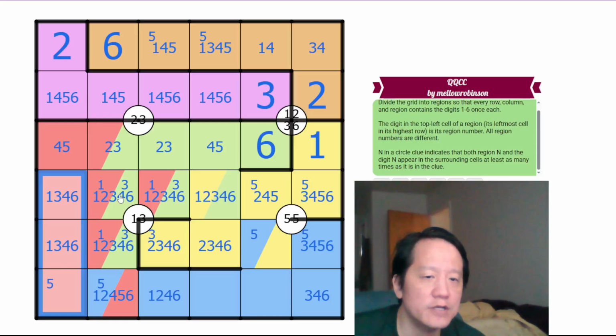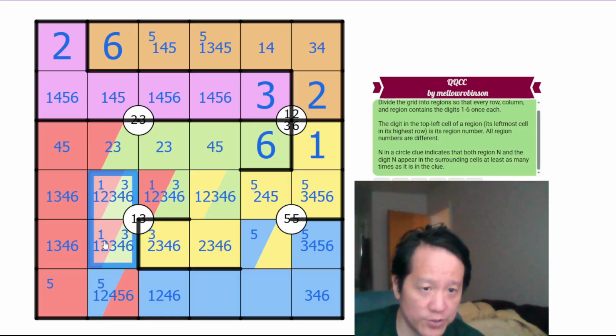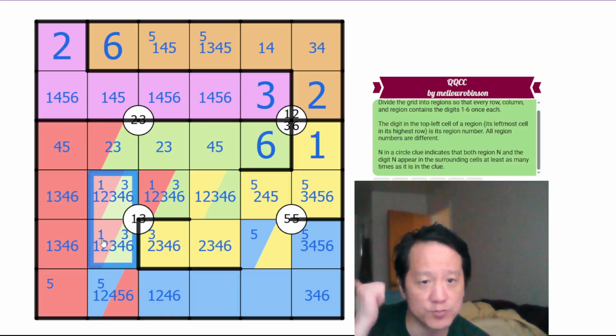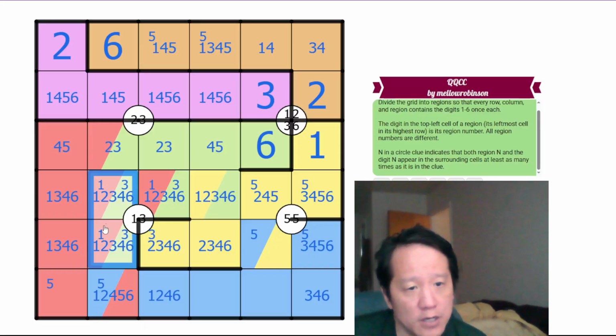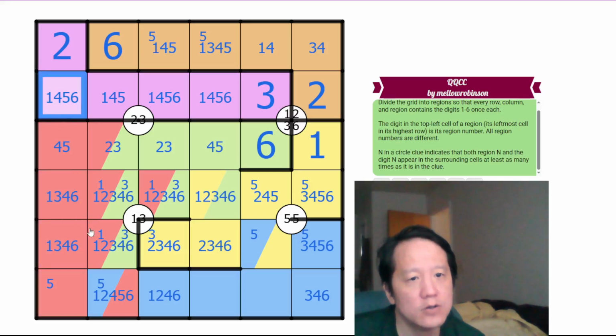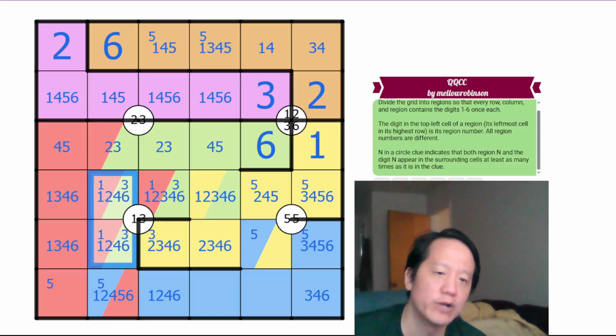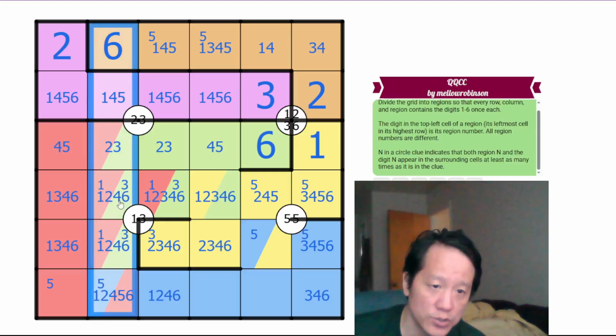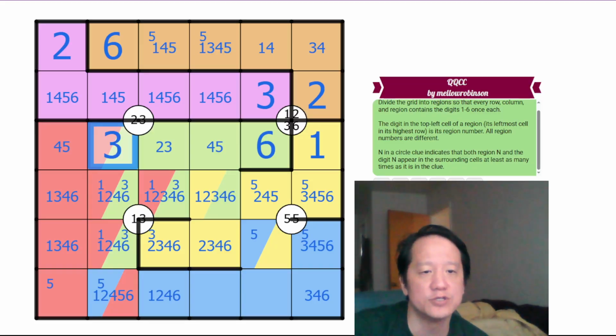So where is... That means this cannot be 3 here, even if it's red or green, because red already has a 3 in it in one of these 3 cells. Can't be here. Green has to have 3 as the region number, so it's one of these 2 cells. So neither of these can be 3, which means where is the 3 in column 2? It must be here. So this is 3, that's 2.